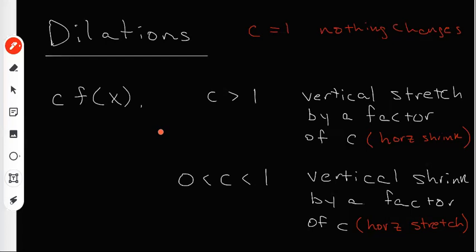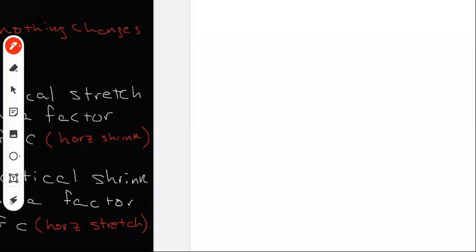And a vertical shrink, so if you multiply by a number that's between 0 and 1, you're vertically shrinking, but at the same time, you're horizontally stretching because a vertical shrink and a horizontal stretch is the same exact thing. And I'll leave dilations at that. Okay, let's look at reflections.